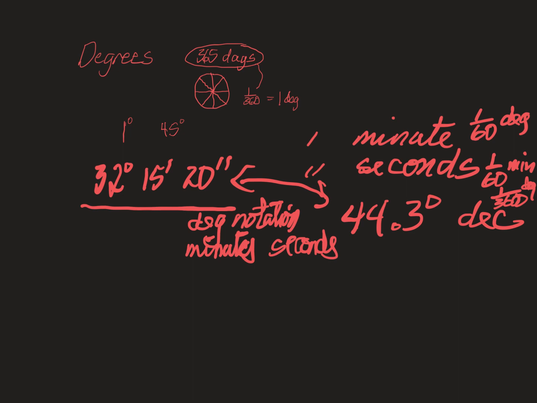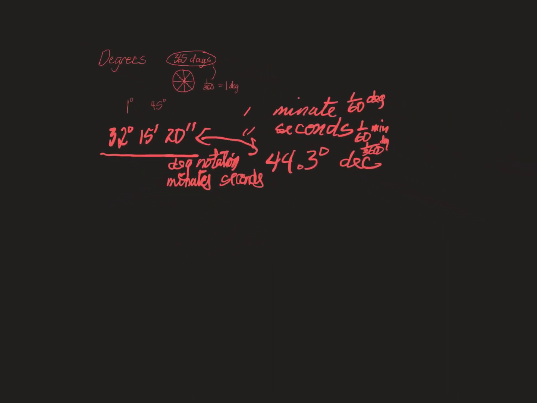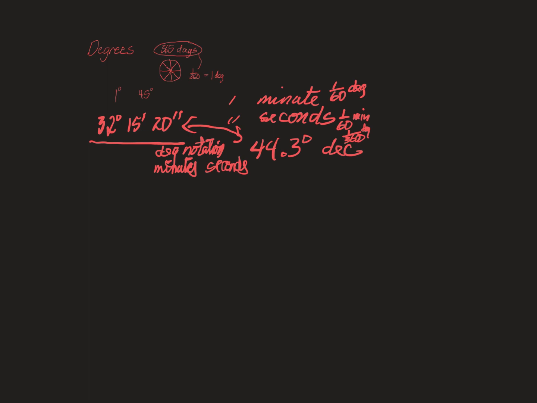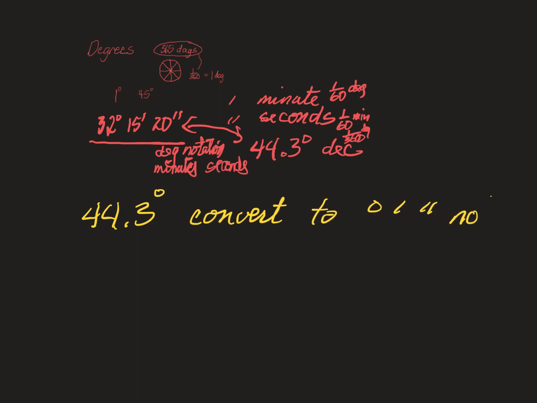Let me show you a couple little problems you can do with this. So, the typical kind of problem that we have is that we want to take 44.3 degrees and we want to convert it to degrees, minutes, and seconds notation.